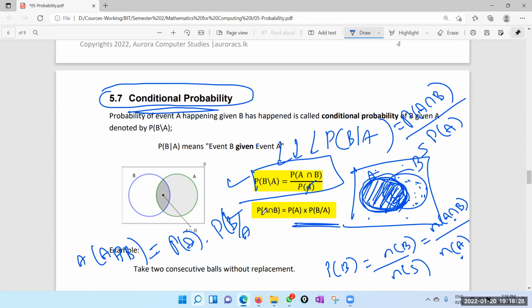In conditional probability, P(A intersection B) is P(A) into P(B given A). Sometimes we will be using this format, sometimes that format. This is one of the areas where some students get really confused, so you have to get out of that by thinking about it more and more.